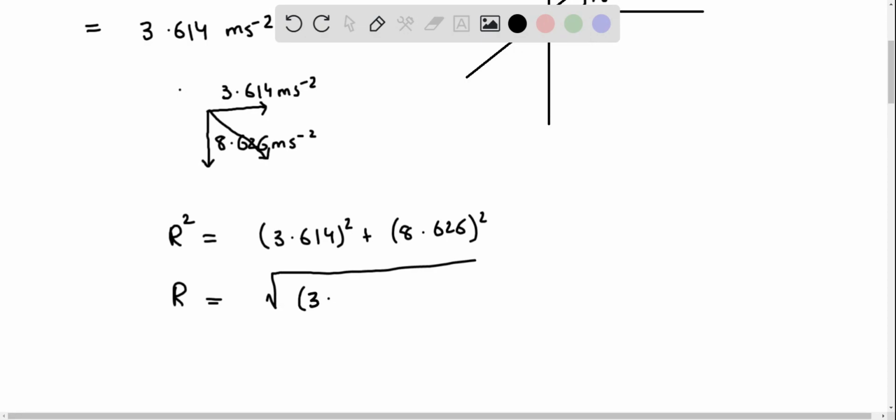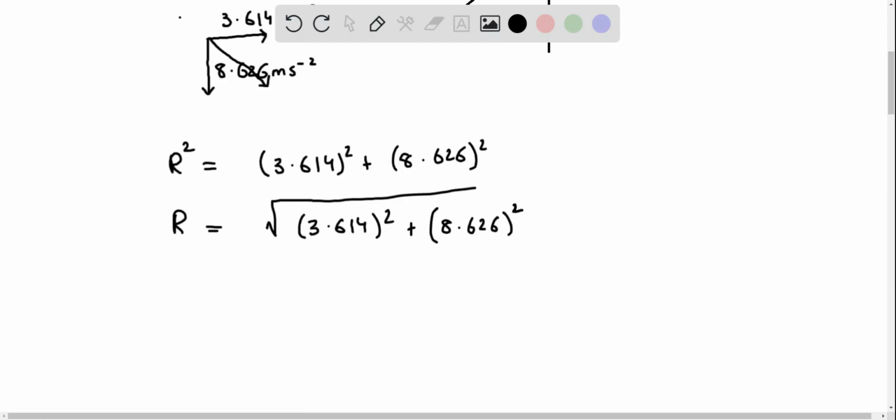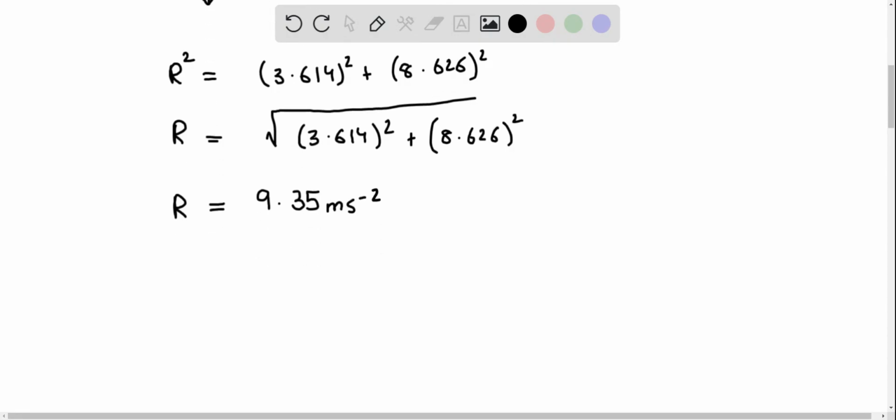We can use a calculator to evaluate r, and that will give us the total acceleration as 9.35 meters per second squared. So that's the total acceleration.